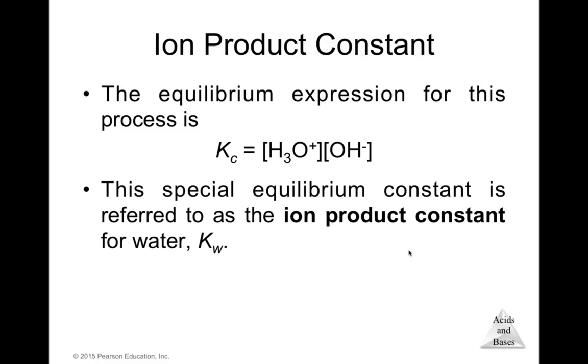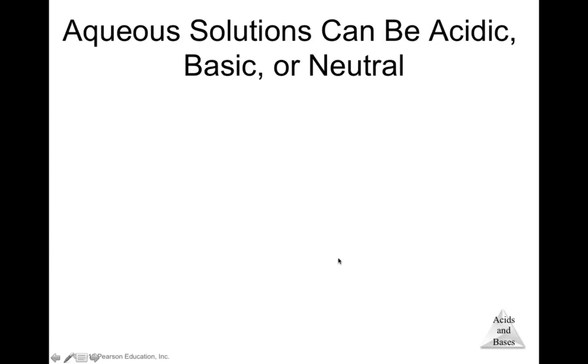This special equilibrium constant is referred to as the ion product constant for water, Kw. So Kw is equal to the concentration of H3O times the concentration of OH, and the value for Kw is 1.0 times 10 to the power of minus 14.